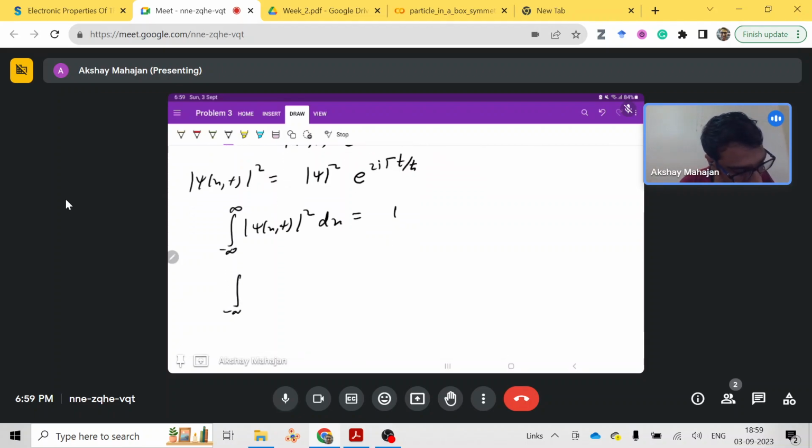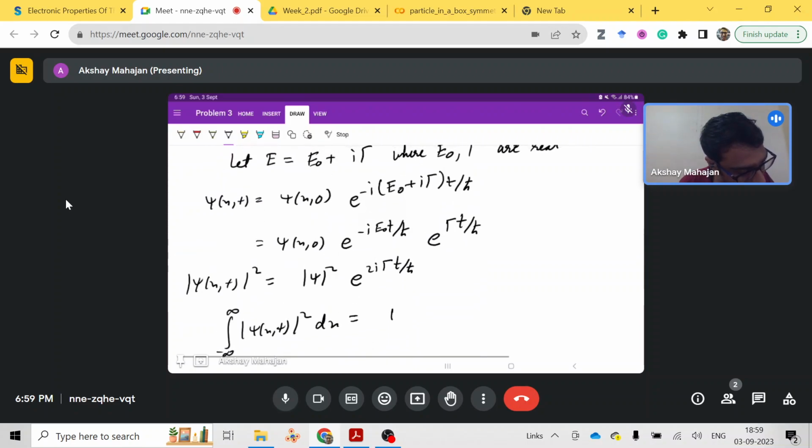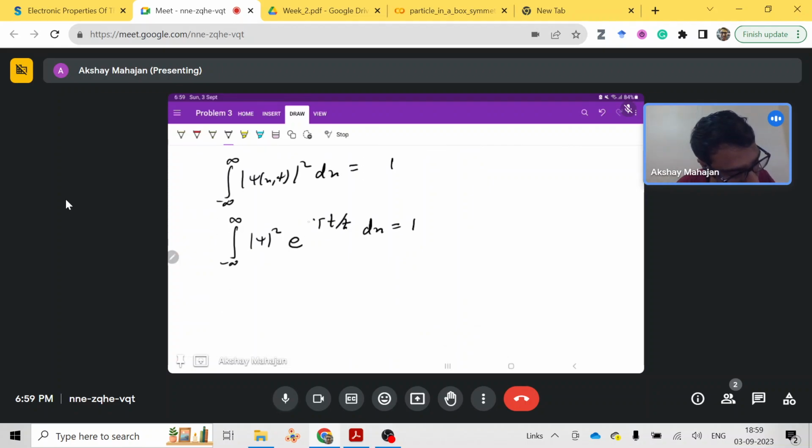So from here we have the integral from minus infinity to infinity of mod of psi square times e to the power 2 gamma t by h cross dx, which has to be equal to 1.